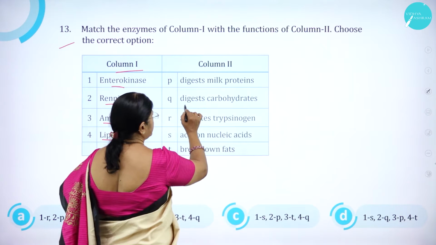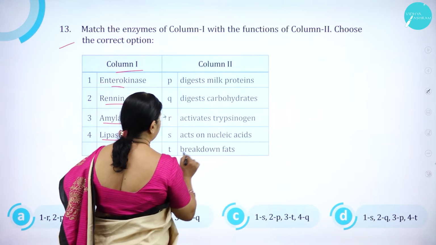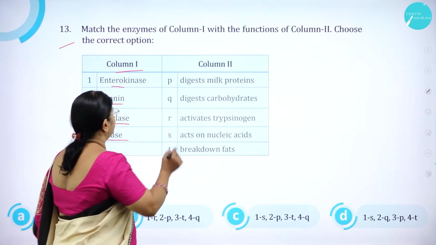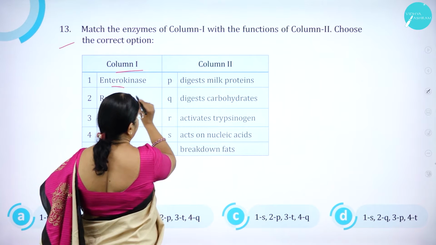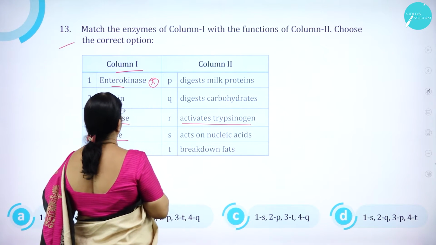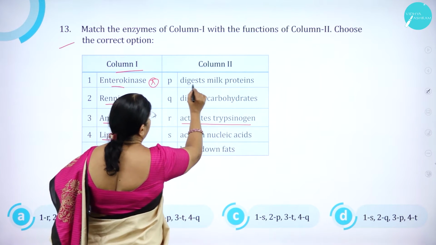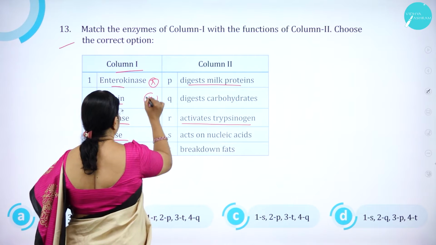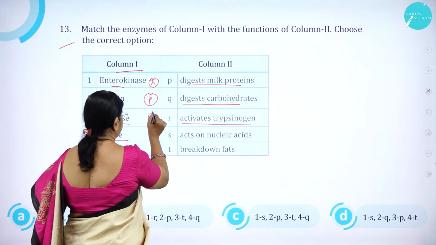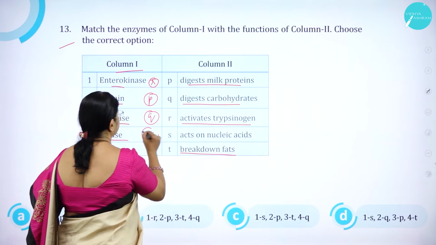Digest milk proteins, digest carbohydrates, activates trypsinogen, acts on nucleic acid, breakdown of fats. So enterokinase activates trypsinogen. Renin digests milk proteins. Amylase digests carbohydrates. Then lipase breaks down fats.